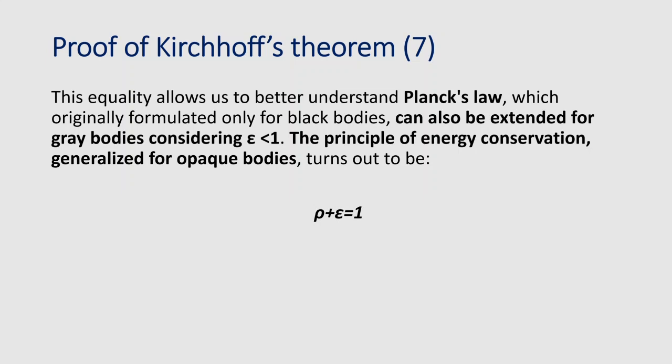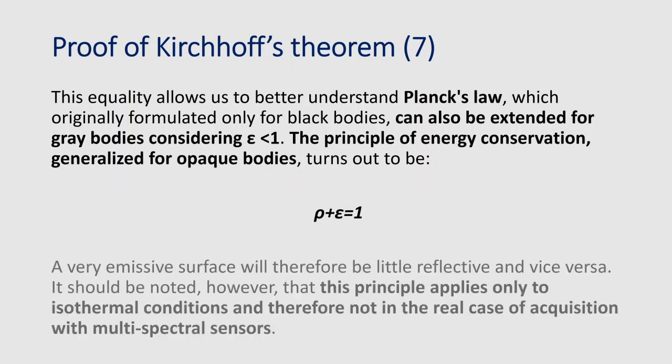Now we can substitute epsilon for alpha, so we can say that rho plus epsilon is equal to 1. So what does it mean? And this is very important after this proof of Kirchhoff's theorem: a very emissive surface will be little reflective and vice versa. So if rho is very high, of course, epsilon turns out to be very low and vice versa.